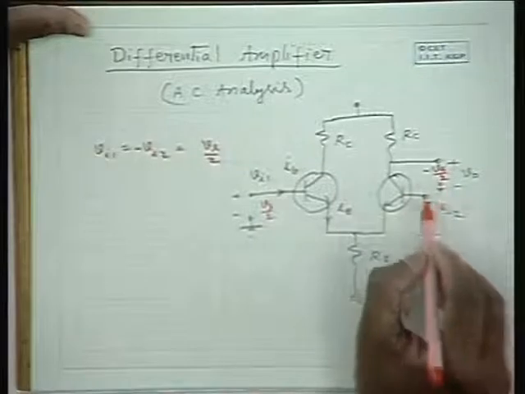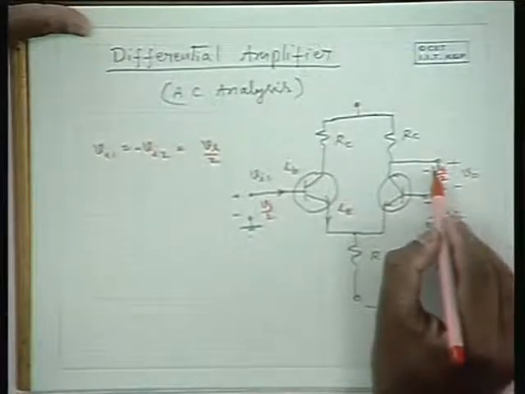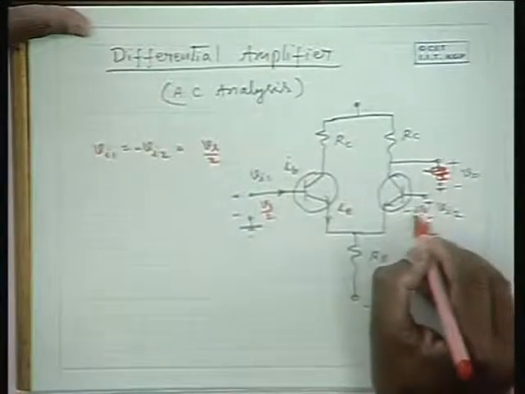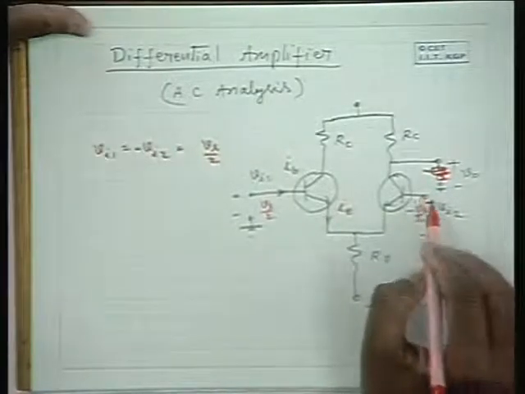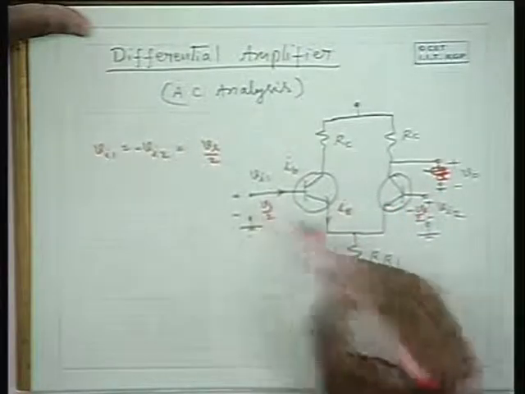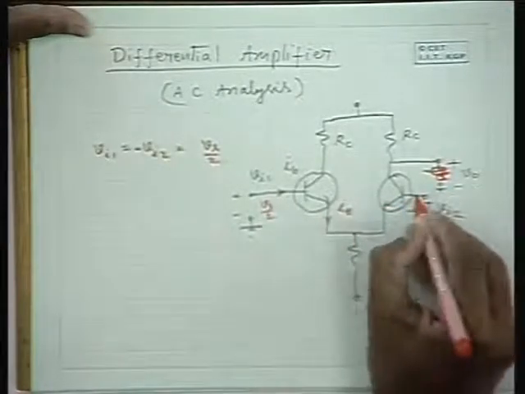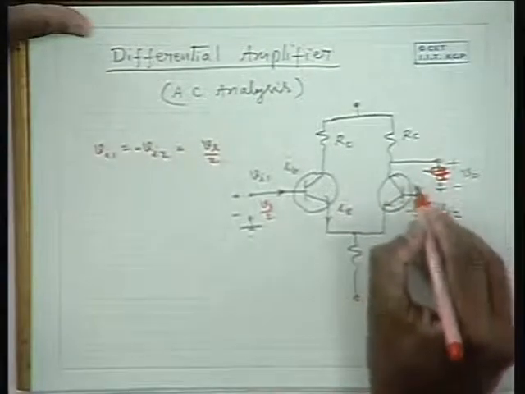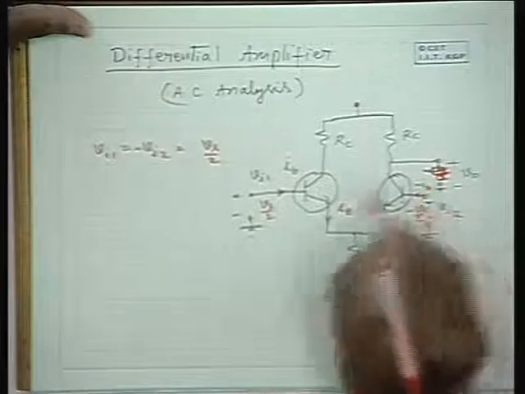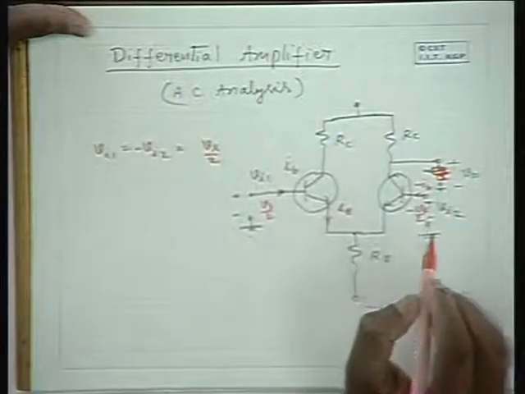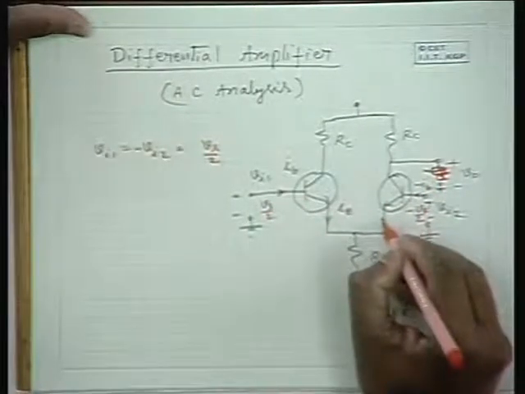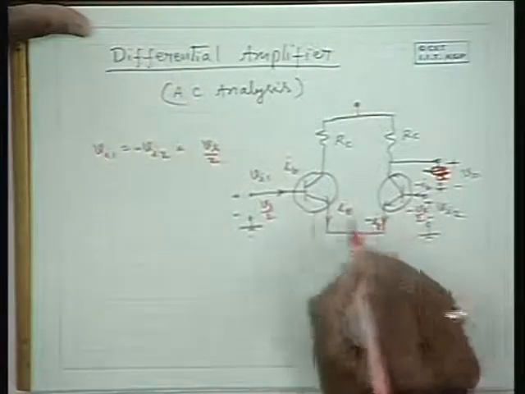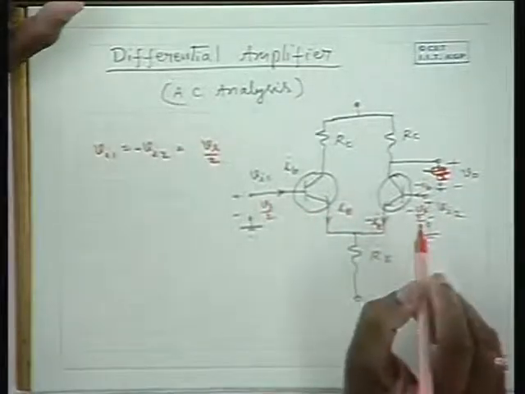And since the voltage here is minus Vs by 2, equivalent to this but in opposite phase, the alternating current that appears here is minus IB, and so this alternating current is minus IE, assuming that both the transistors are identical.